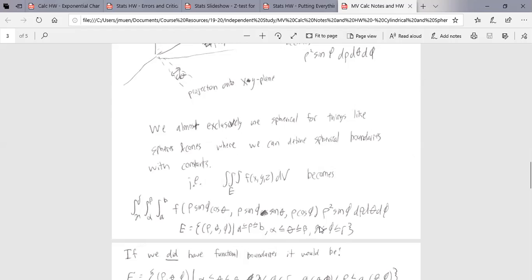In the case where everything's defined with a constant, so this would just be on a sphere without any other controls you need to make, like just dealing with regions in a sphere, we might say that rho is between two constants a and b, theta is between two angles, alpha and beta, and phi is between two angles, gamma and delta. I just went with Greek letters in order. Don't look too far into that.